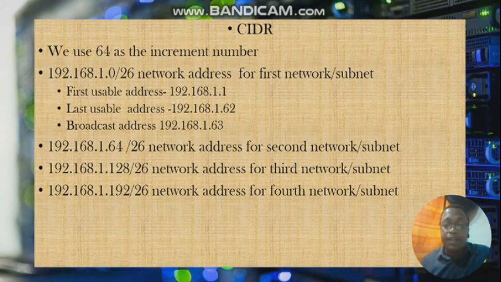Okay, now we are going to use 64 to increment or divide the networks, and when we do that we are going to get, in the first network, the IP address of the first network will be 192.168.1.0 with the subnet mask of 26.